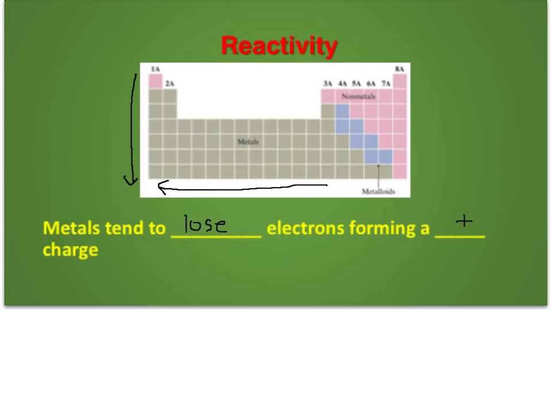Because this has to do with atomic and ionic radius. Atomic and ionic radius tend to increase in this general direction. If they increase in this direction for metals, then they're going to lose those electrons easier. So the reactivity will increase because it's easier to lose those electrons.